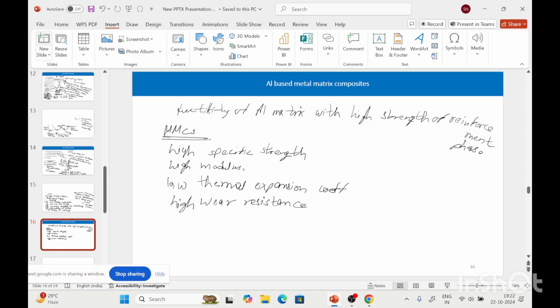The corrosion resistance of aluminum based metal matrix composites is also high.